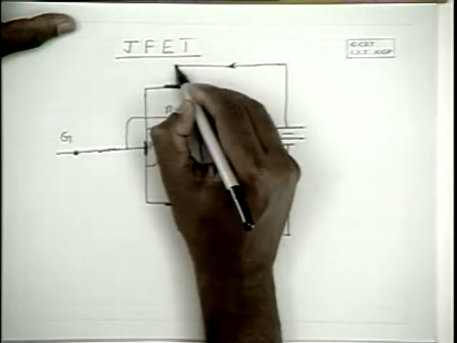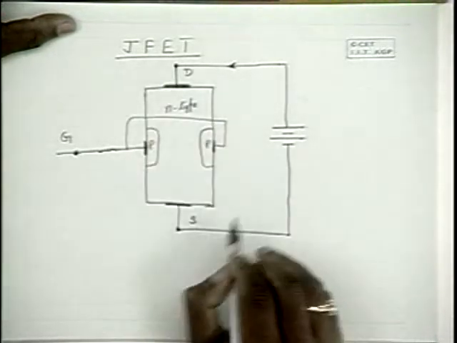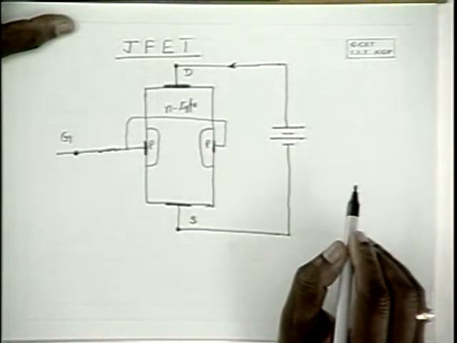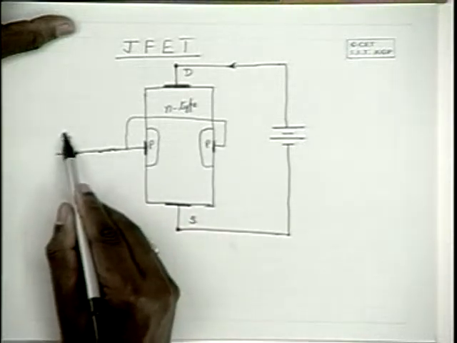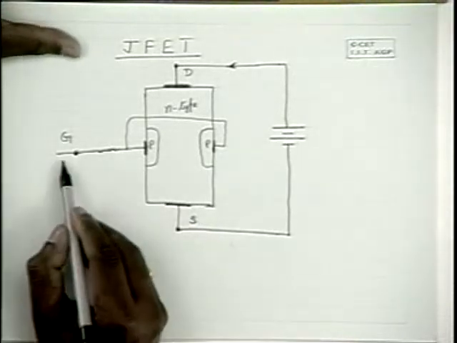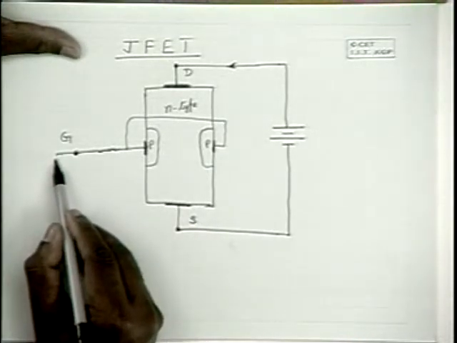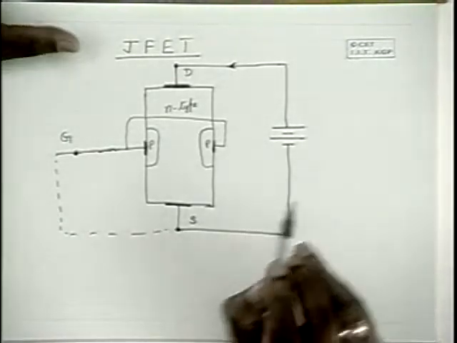So we call these the drain and the source. Between the drain and source, it is a resistor, and we have a junction formed here, and we call that the gate for a different reason. So now you connect this gate to the source and see what happens.